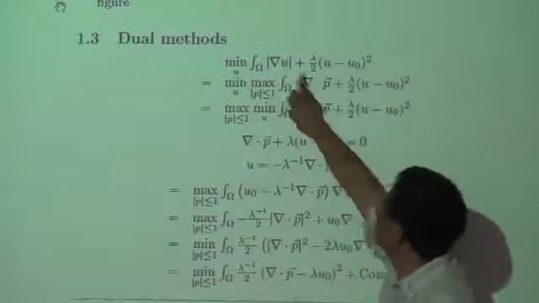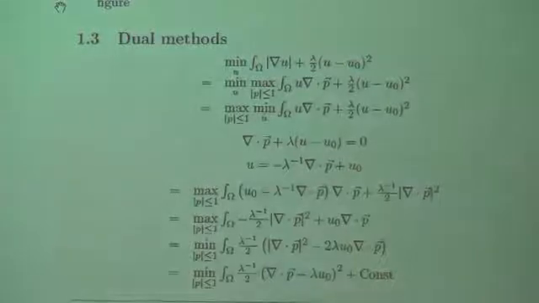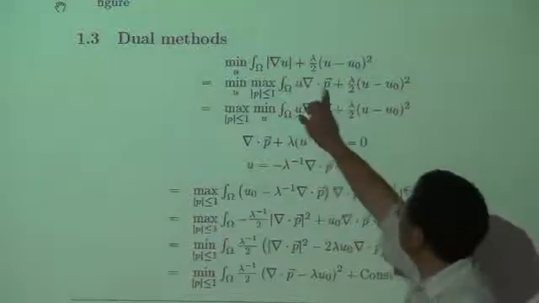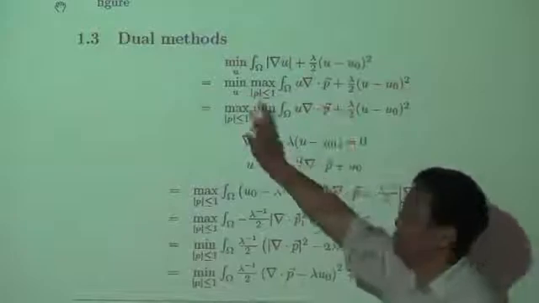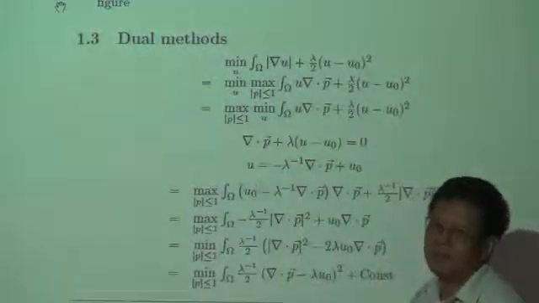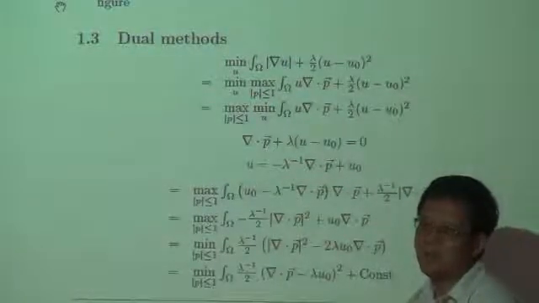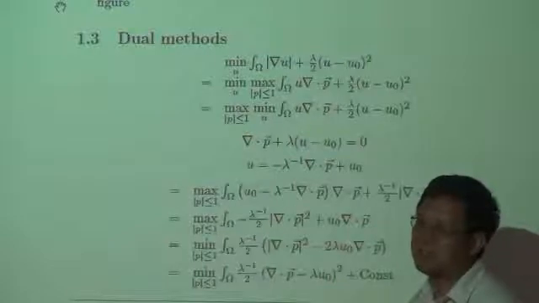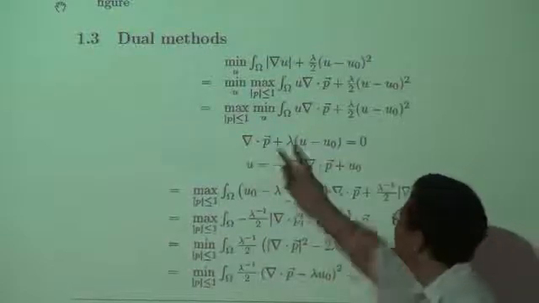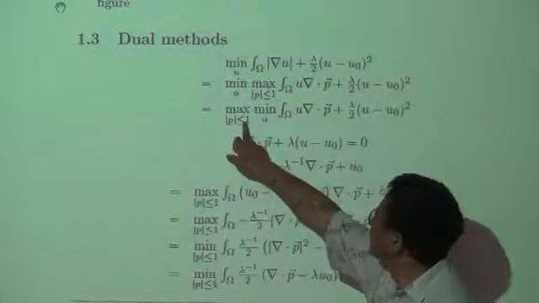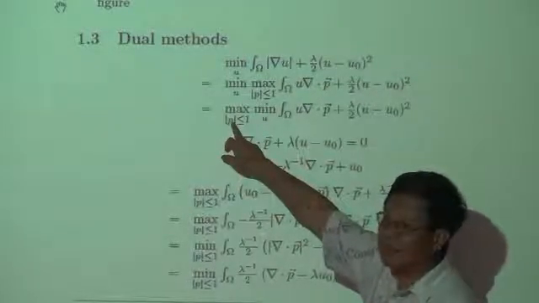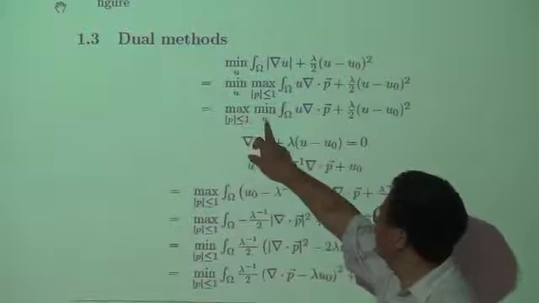And this is linear in P and quadratic in U, so you can do a min-max switch. You cannot always do a min-max switch, but under some conditions you can. So you do the min-max switch, where P is a vector with norm less than 1.